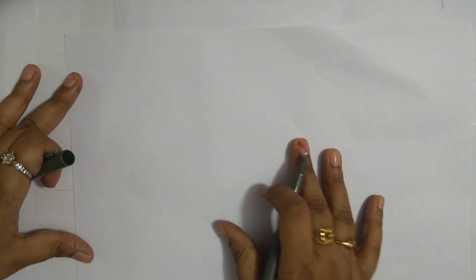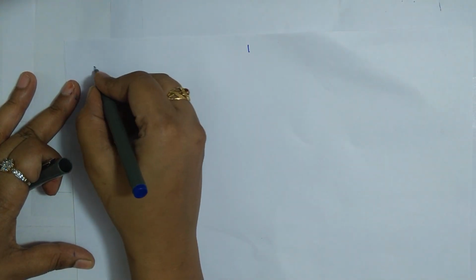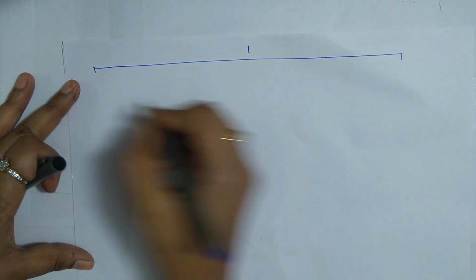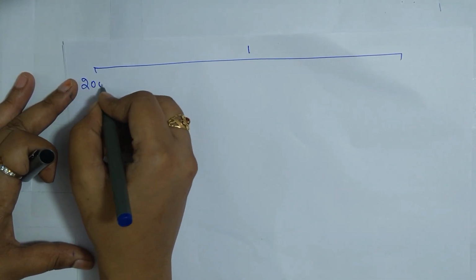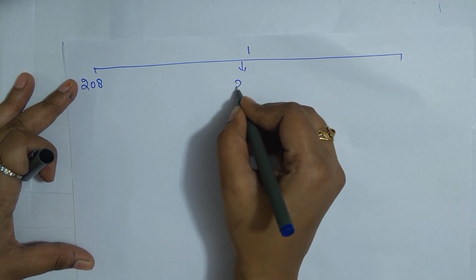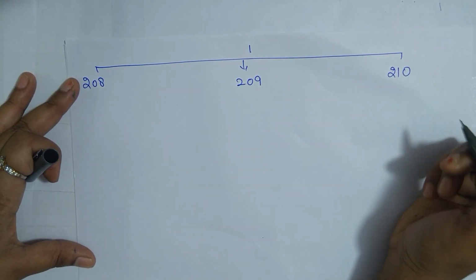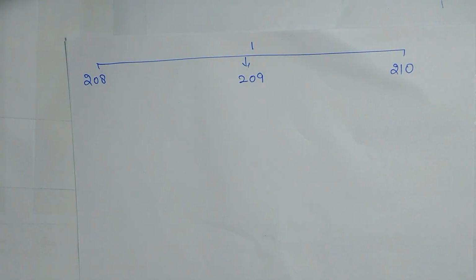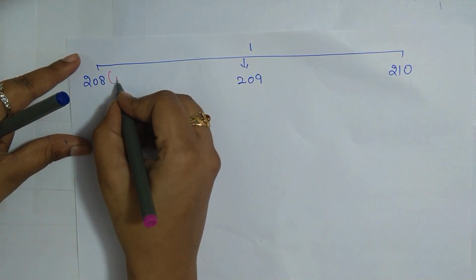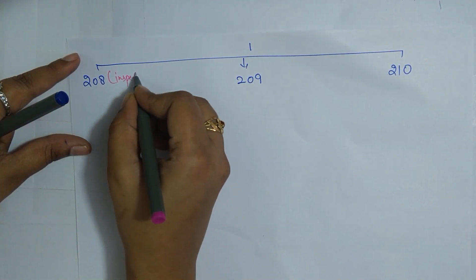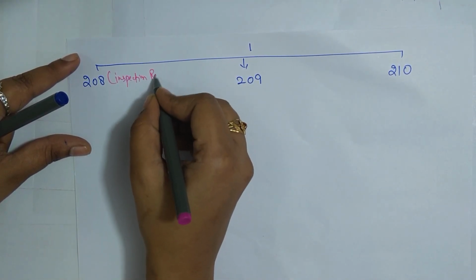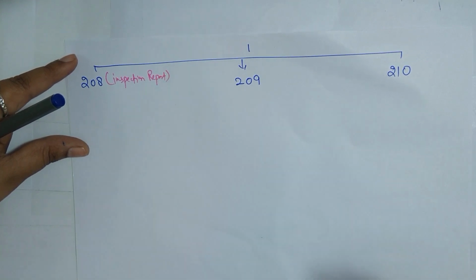So now our next sections are 208, 209 and 210. What do these sections talk about? Section 208 talks about the inspection report. Once inspection has been done by the inspector, he has to maintain a report.